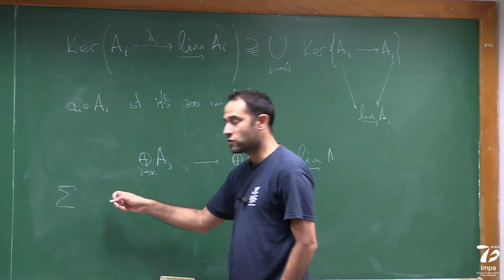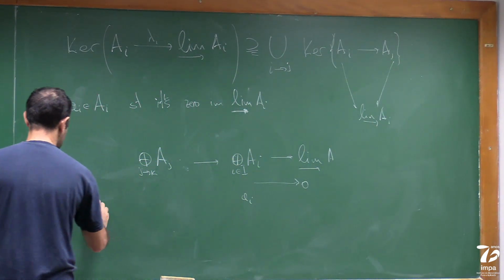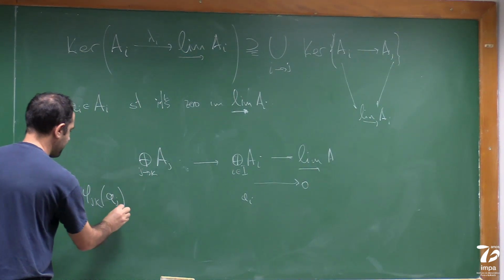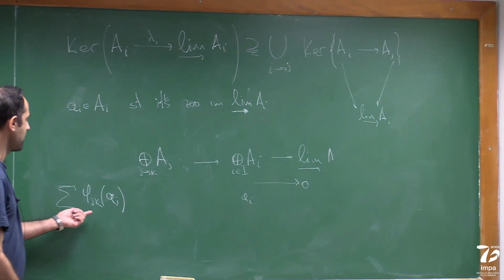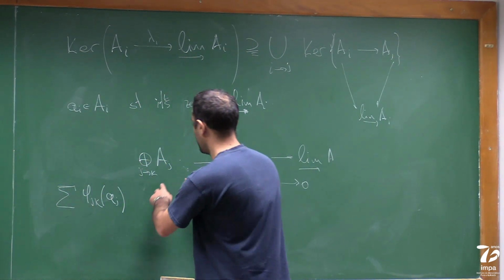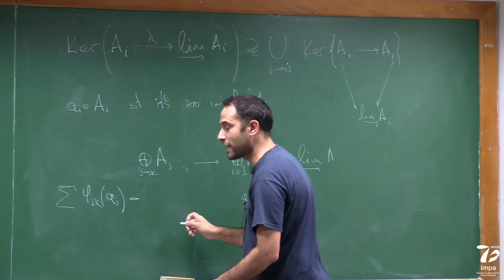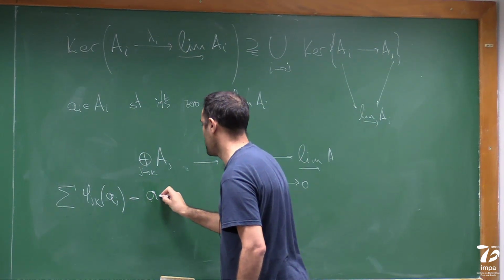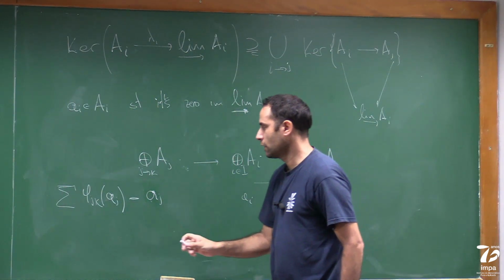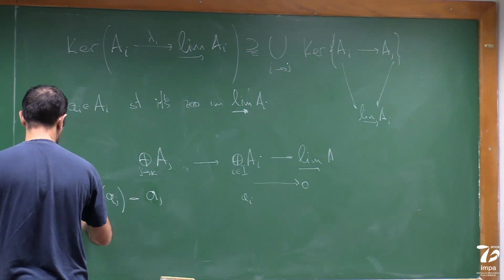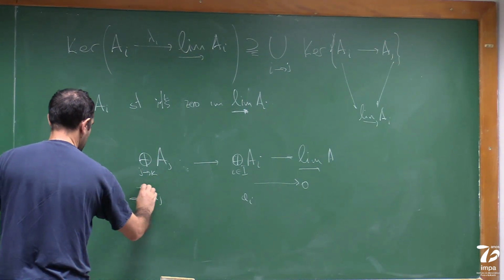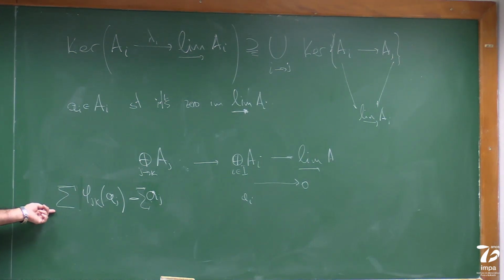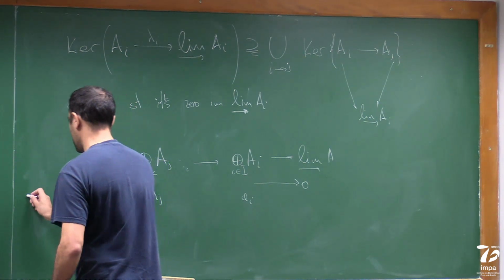I have a bunch of arrows j to k, and I apply this to a_j. And then I need to subtract the image, which was a_j. So I have a sum like this. That is my a_i.